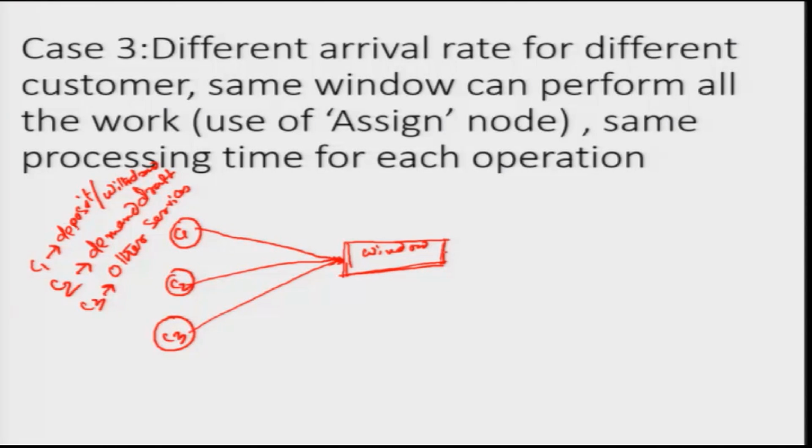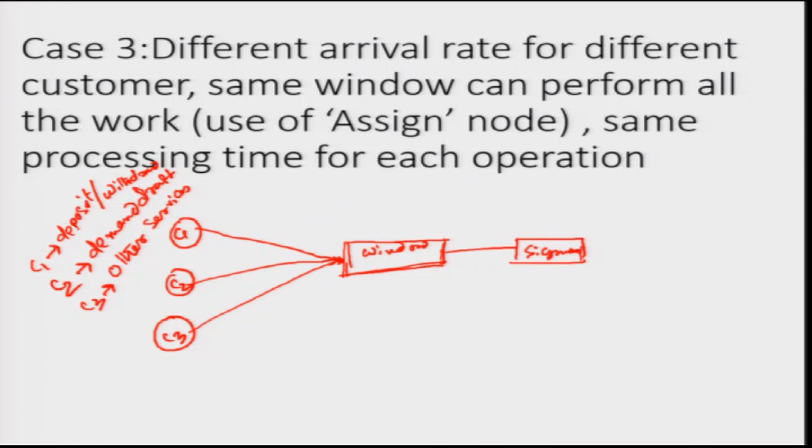If we add a signature process here, then all the customers that reach the window will go to the signature process as well. But we do not require this. Only the customers who came to make a demand draft need to go to the manager and get their signature on the draft.